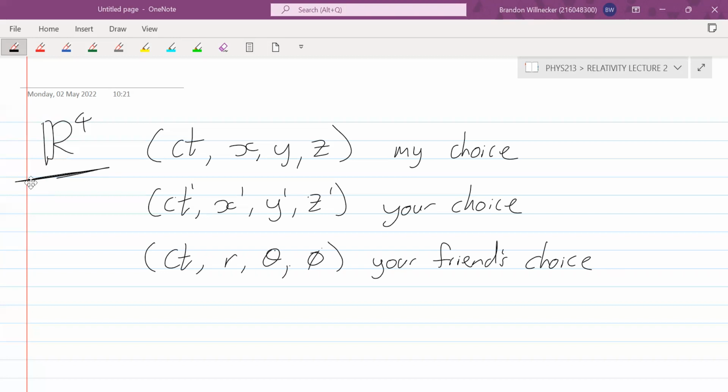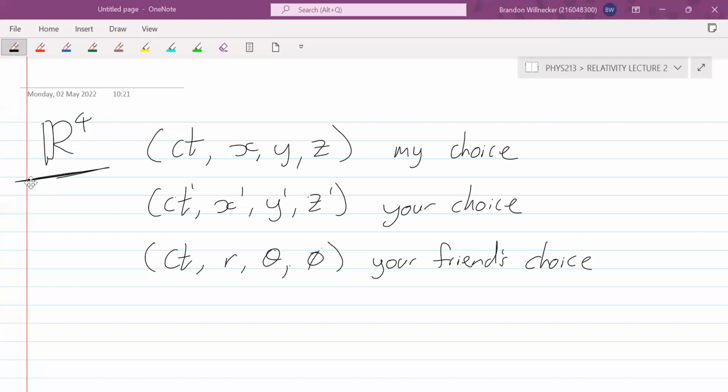Now, when I say R4, usually you would think Euclidean space, where we measure distances using Pythagoras, your normal distance formula. However, we can't assume that, because here we're going to be using a different formula to calculate distances. We're going to use the so-called Minkowski metric to find distances.